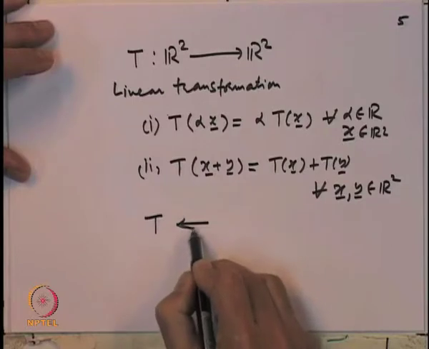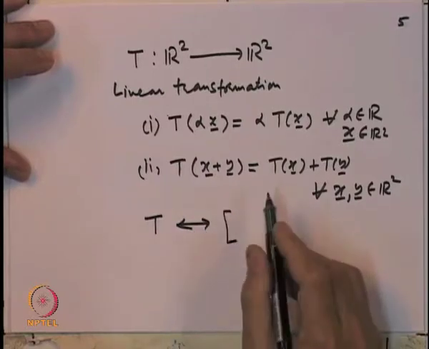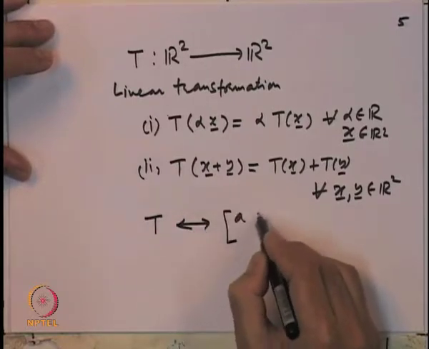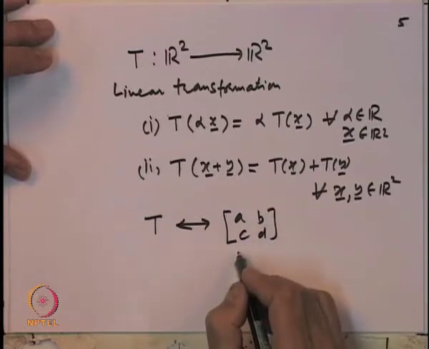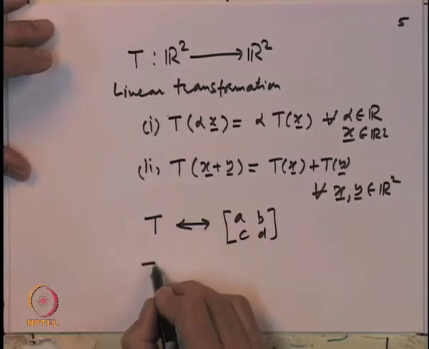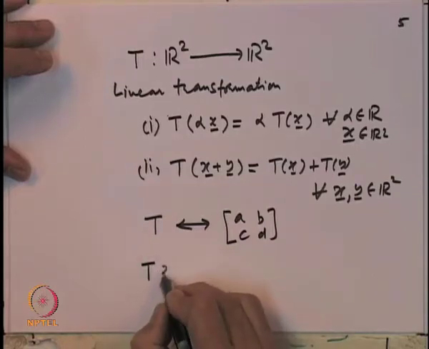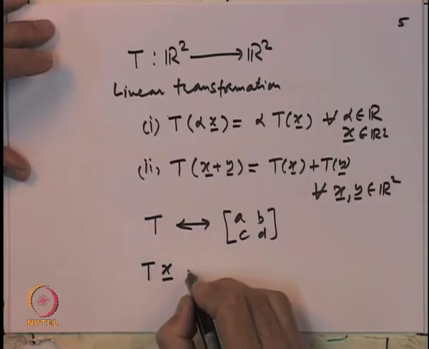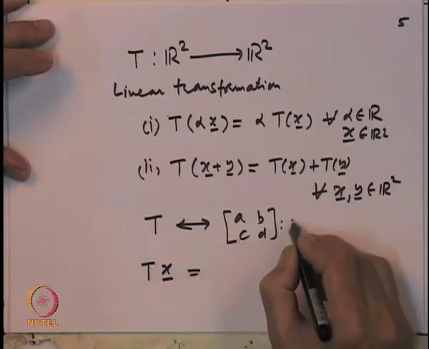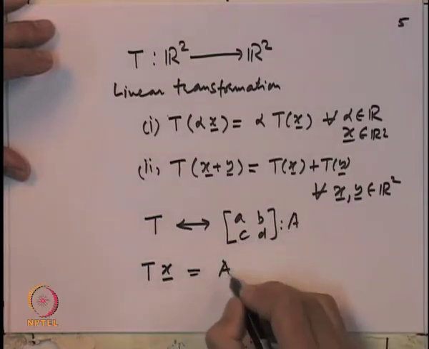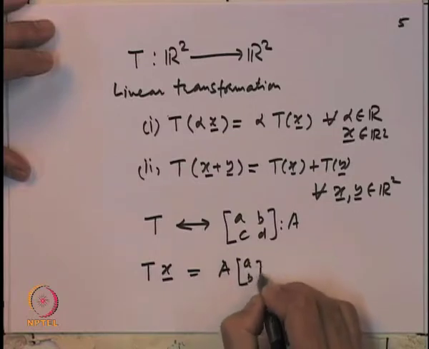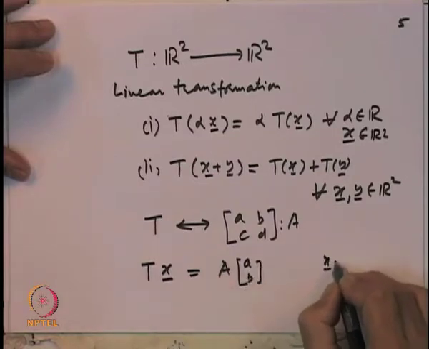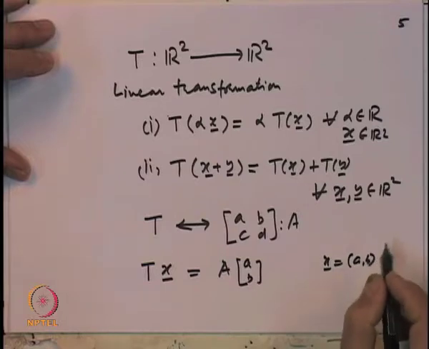Any such linear transformation T is also given by a 2 by 2 matrix. Let us call its entries A, B, C and D. What is the meaning of this? It means that T applied to a vector x is the same as the matrix A applied to the components of x, where x is equal to (a, b).